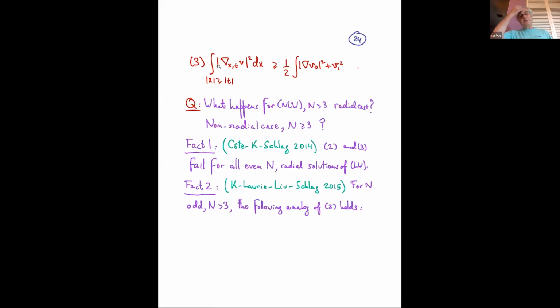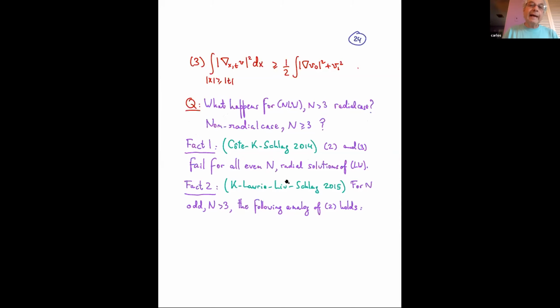So these issues raise the following questions. Is there an asymptotic simplification for the nonlinear wave equation for n bigger than 3 in the radial case, or in the non-radial case for n bigger than or equal to 3? So I will mention 3 relevant facts to these questions.